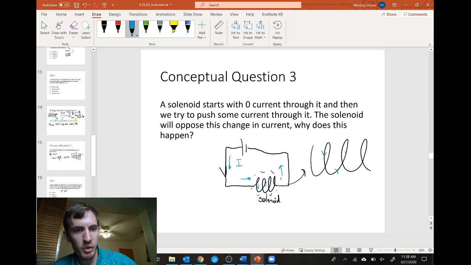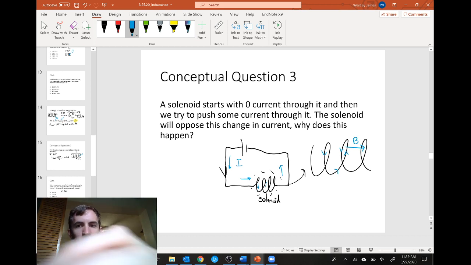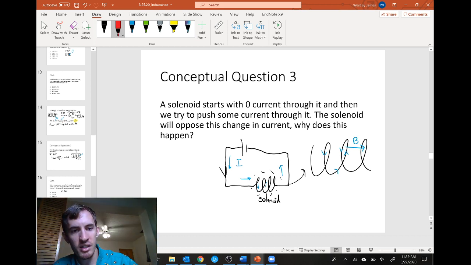And if it went from no current to some current, that means we went from no magnetic field to some magnetic field. Well, Faraday's law says we want to oppose that. So it is going to induce a magnetic field in the other direction, which means we're going to induce a current in the other direction to oppose this change.